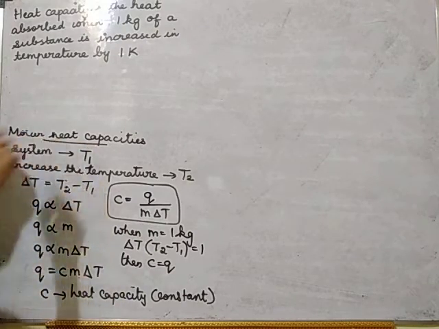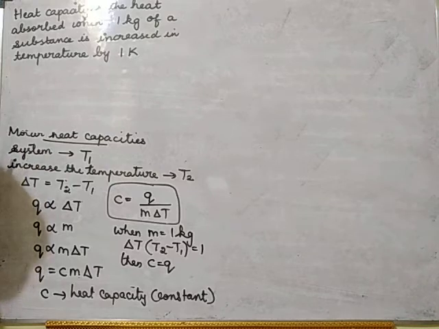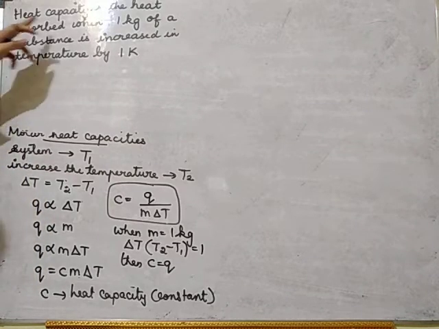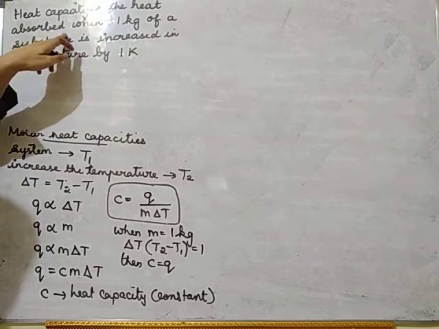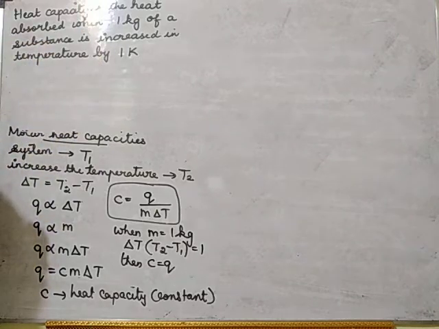But what is our heading? Molar heat capacity. Molar heat capacity means the heat absorbed by 1 mole of a substance, and the temperature increase will be 1 Kelvin. You should include the word mole.